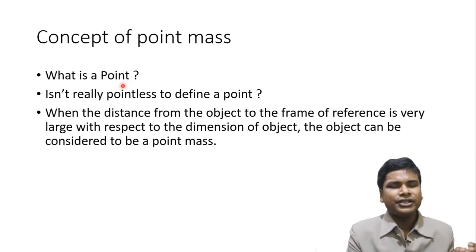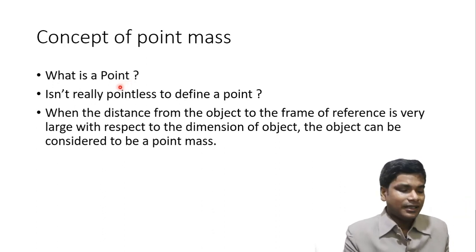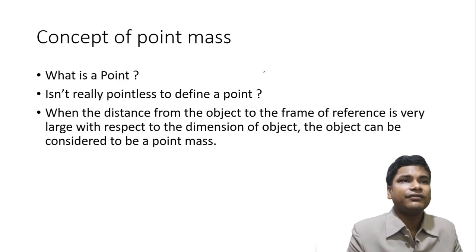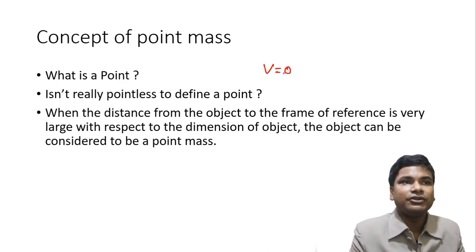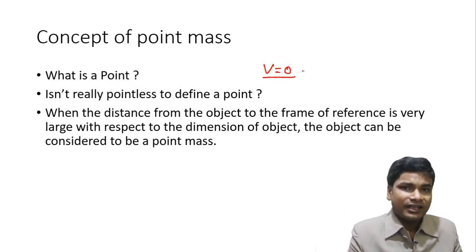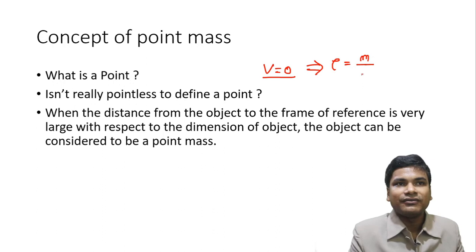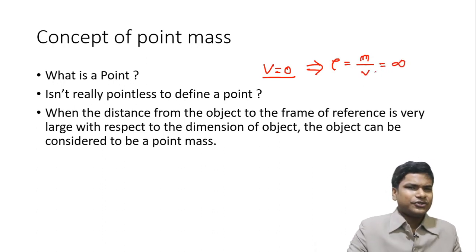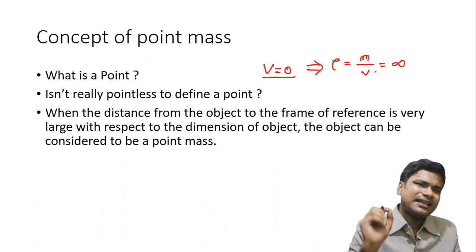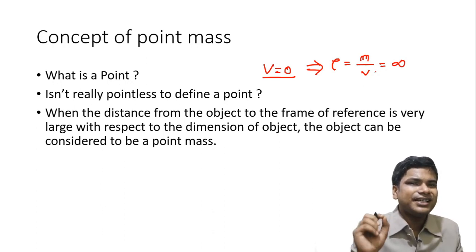So if a point does not have any of that, then if I ask you what is the volume of a point, volume is equal to 0. And if it's true, then what should be the density? Density equals mass by volume, so that should be infinite. So can a point actually exist?